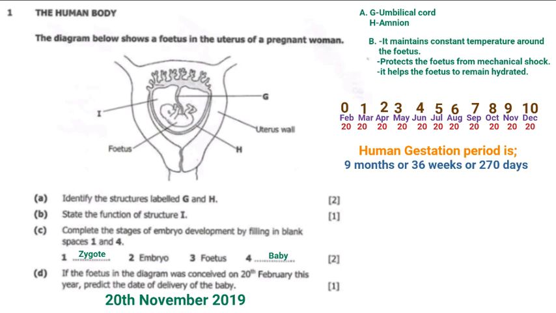Okay, 20th November 2019, or we can say 20th November the same year. Since the child was conceived on 20th February, that means the child will be born on 20th November 2019.